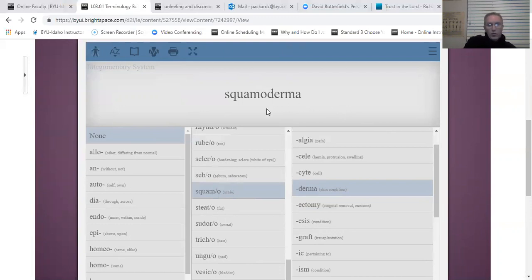Okay, so one little rule to remember is that when you take a combining form and you add a suffix, and if that vowel stays, that vowel sound is going to be long. But if you add a combining form and you drop that vowel right there, because there's another vowel, say an algia, that sound is going to be short.